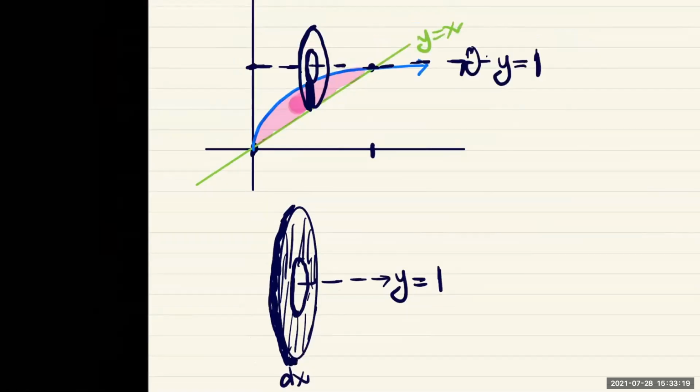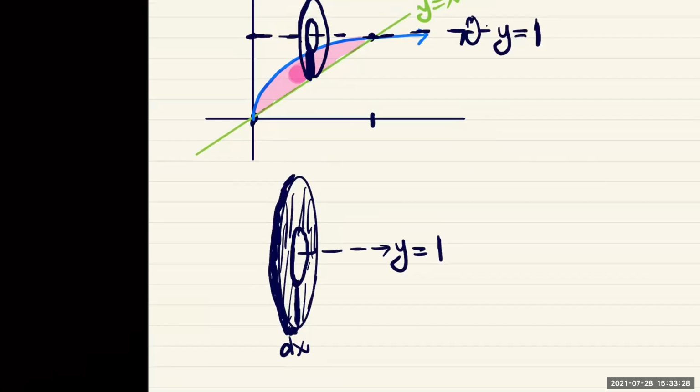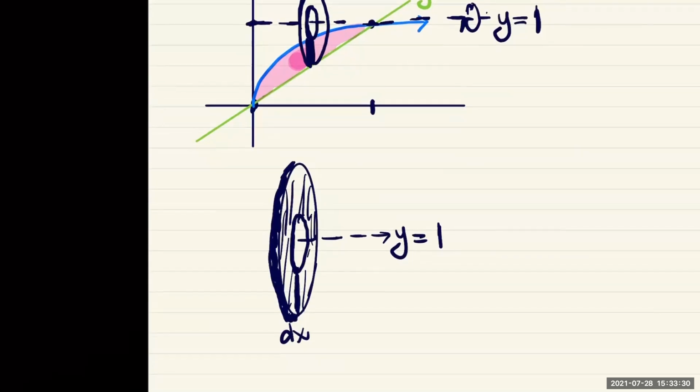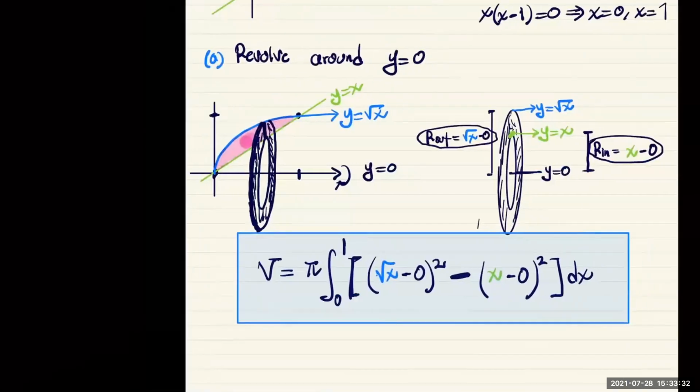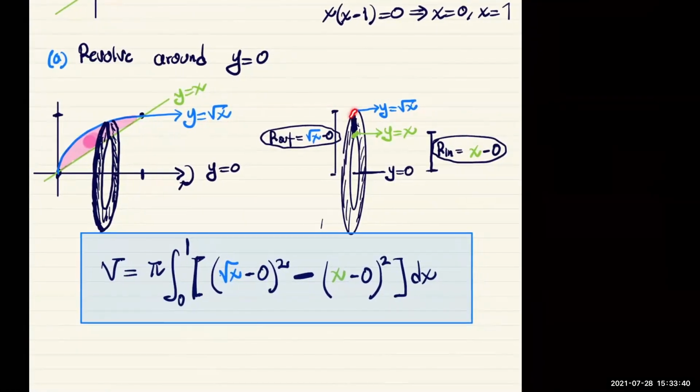That strip is here. So take points on that strip, just like the way we've done over here. I took my rectangle strip right there, and I took points on the strip. The strip gives you points on the outer circle and the inner circle.